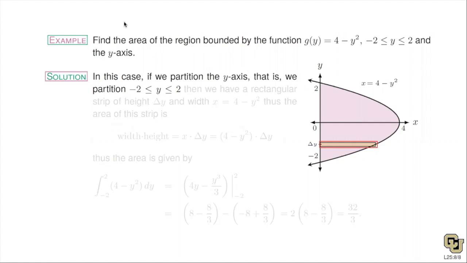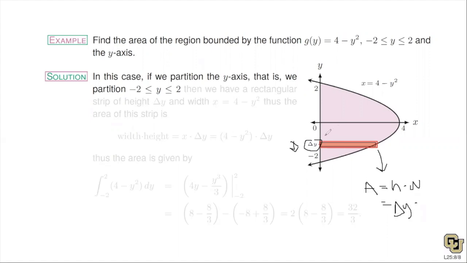For this subrectangle, what's the area of a rectangle? It's height times width. So I'm just following the story. The area of this subrectangle would be height times width. The height, you can see, is delta y.